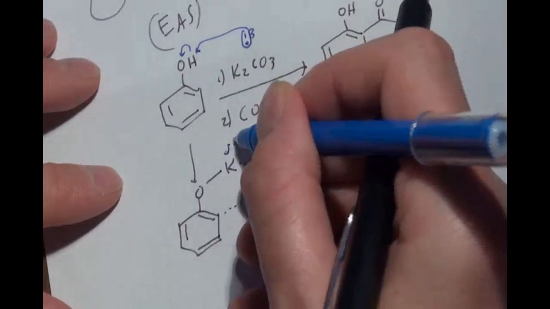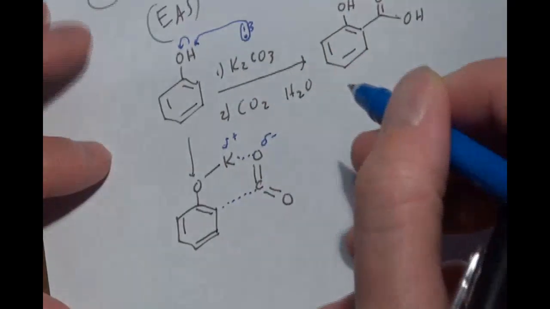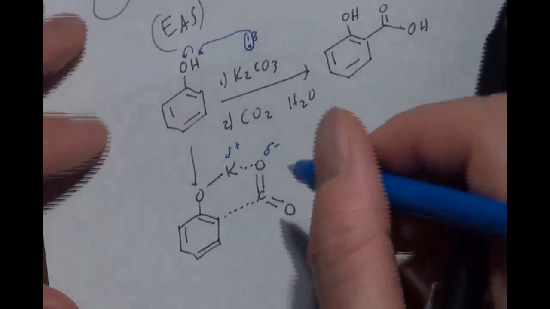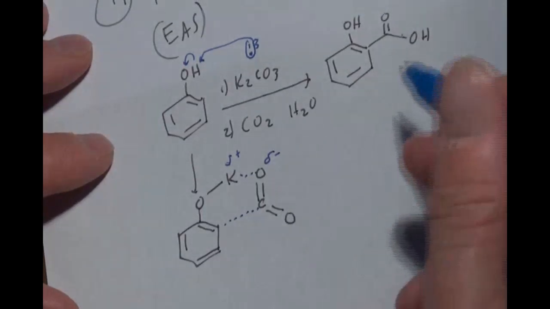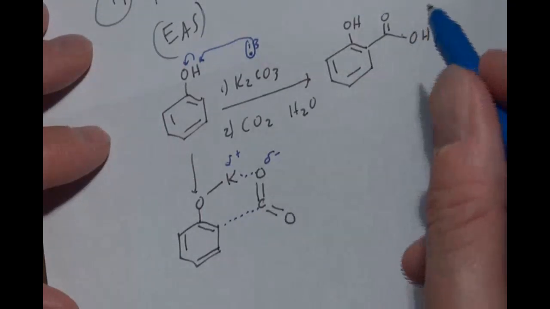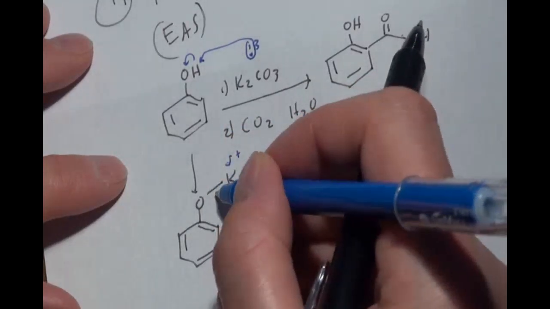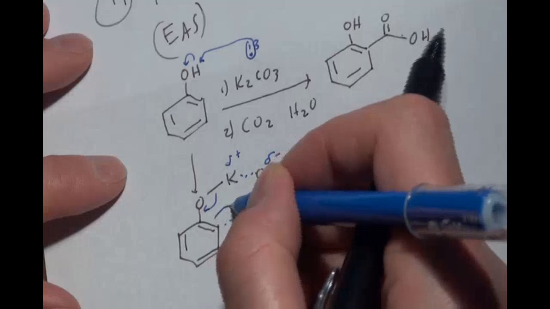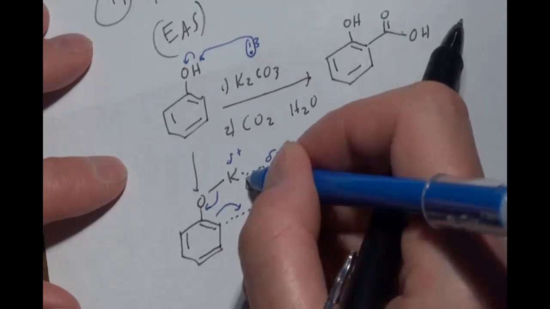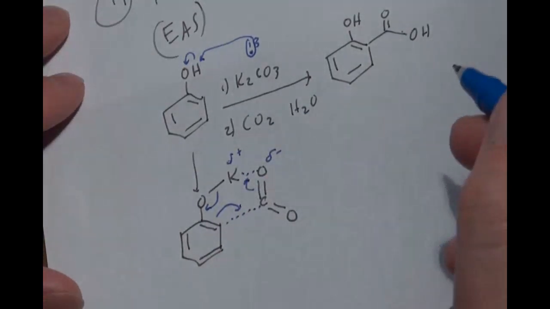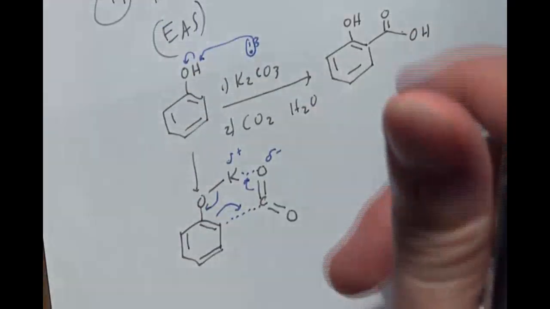It's delta positive, delta minus, right? So that explains why the CO2 attaches to the ortho position. Well, nevertheless, the mechanism is really easy. This just swings down, this goes there, and this goes there. It's a concerted looking EAS reaction.